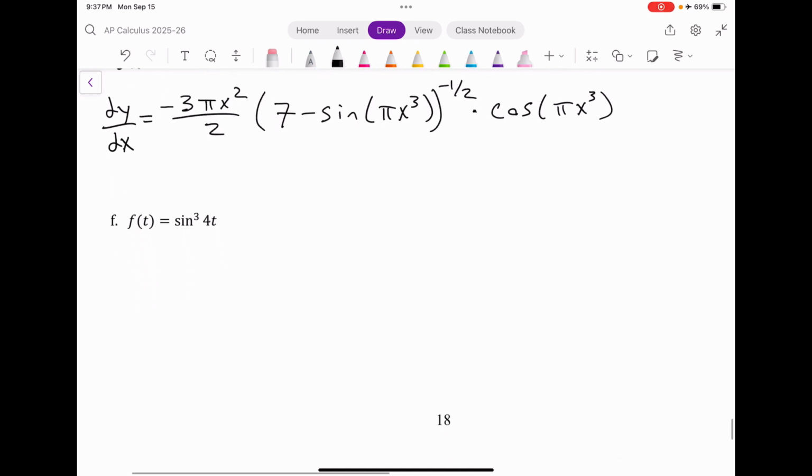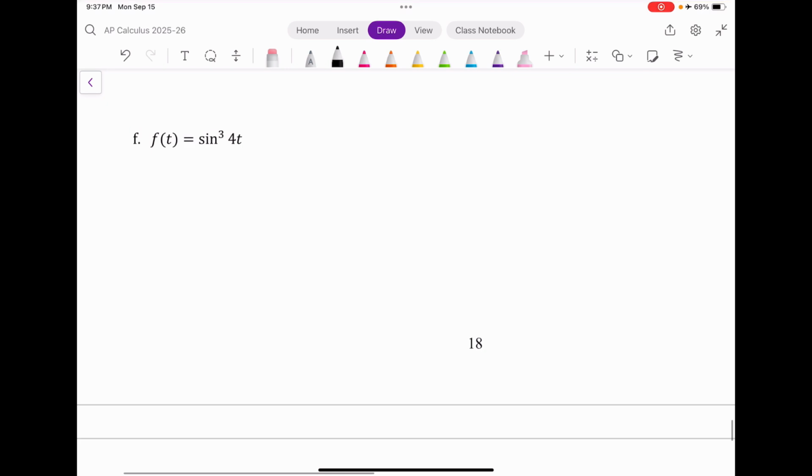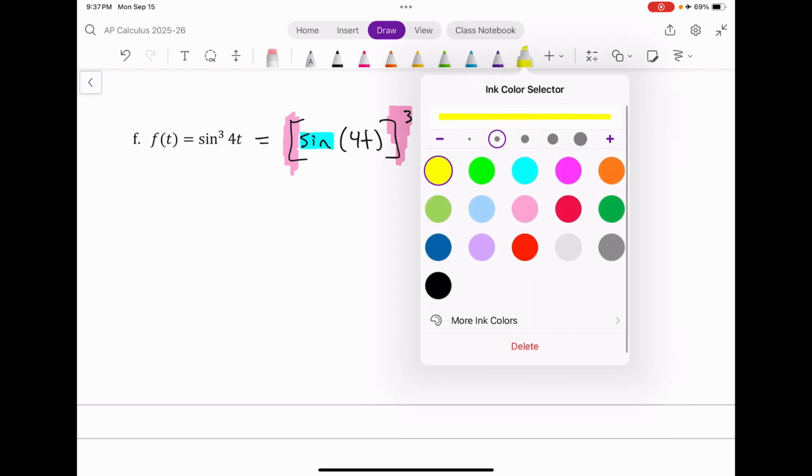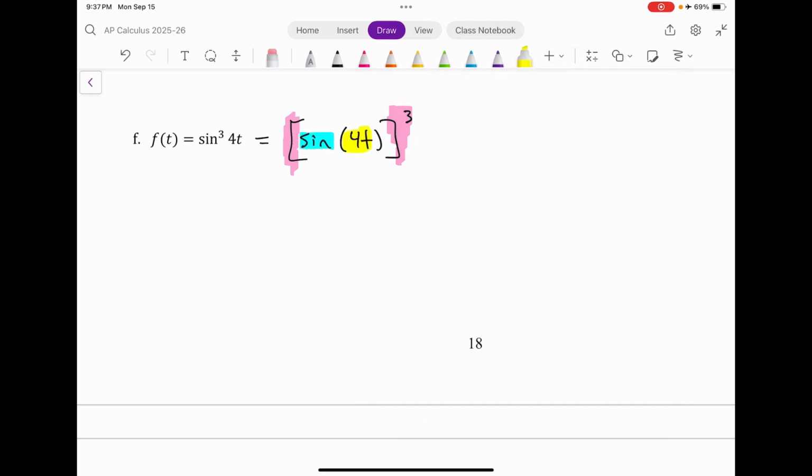Okay, the next one. So what do we have here? So the outside function is u cubed, right? So the whole function being cubed is the outside function. The middle function is the sine of 4t, and then the innermost function is 4t. So again, we're going to do the chain of the chain here.